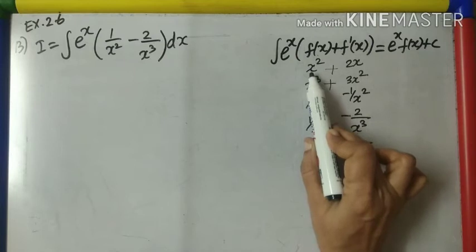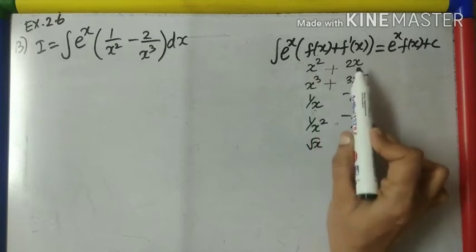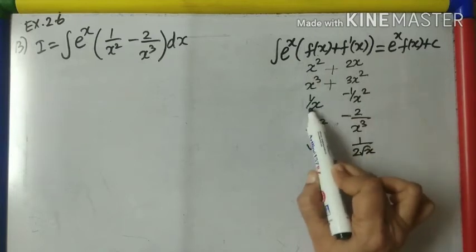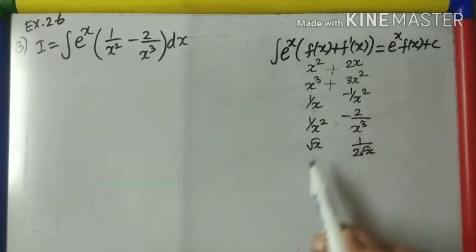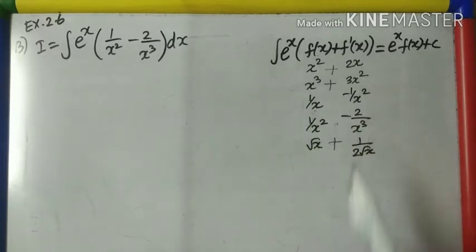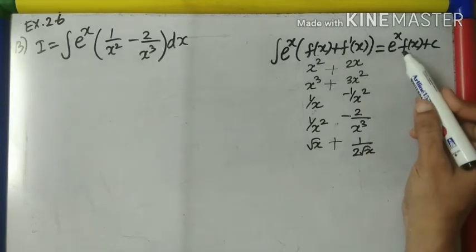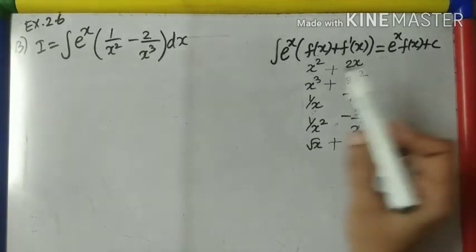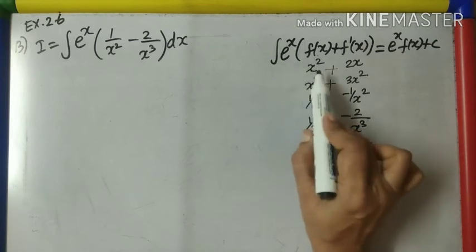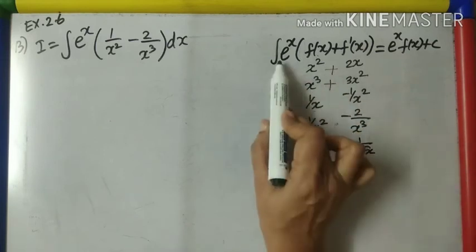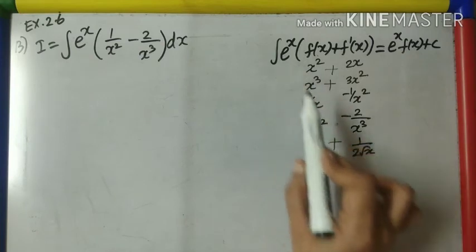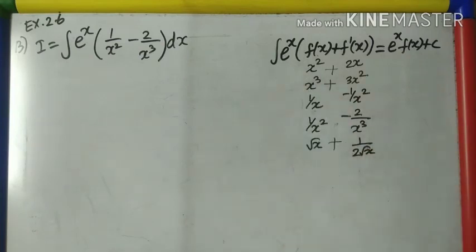First is a function, second is the derivative. So whenever you have like this, my answer will be e power x into f of x. So for this the answer will be e power x x square, for this e power x x cube, for this e power x 1 by x, like that.